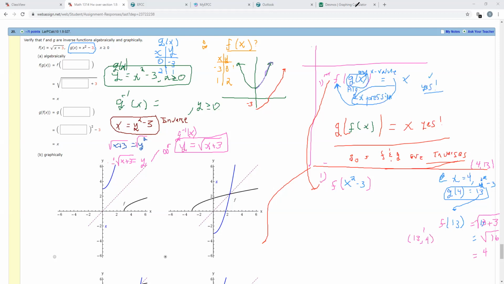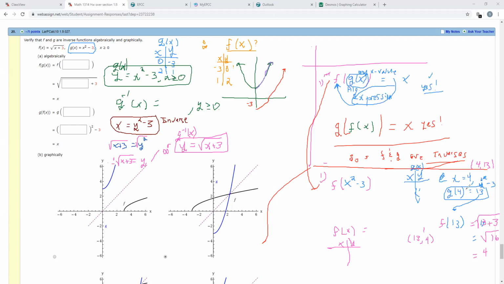So what that means, everyone, is if we draw a table for G of X, and a table for F of X, then what have we just shown?